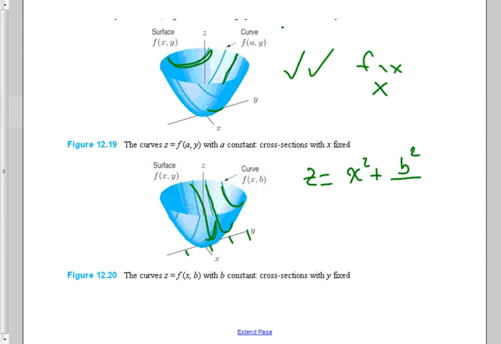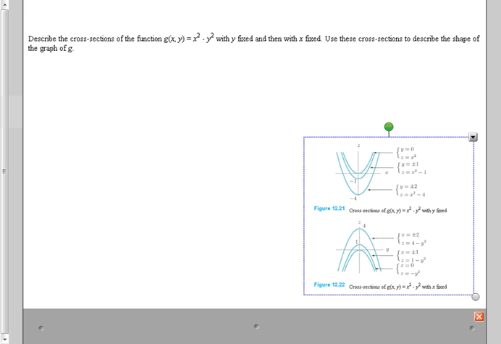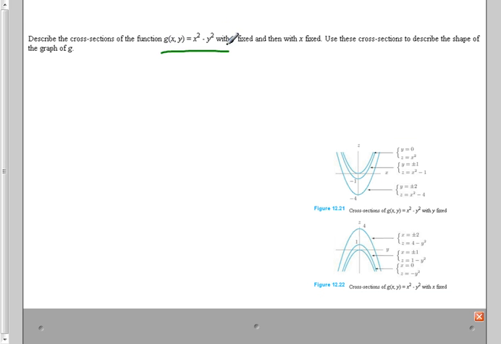So using this idea, let's think about what this function here would look like, x squared minus y squared. Well, if we fix x, let's say when x is 0, well, let's do this.